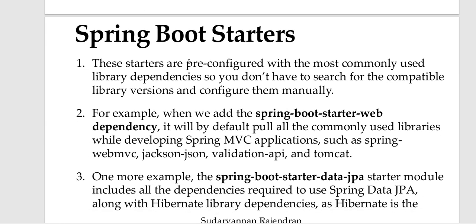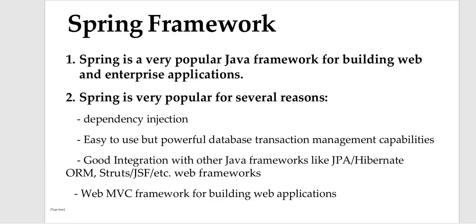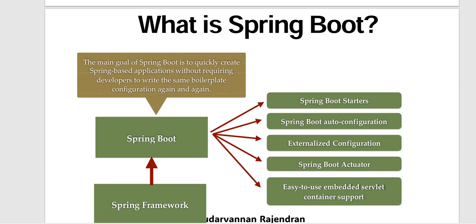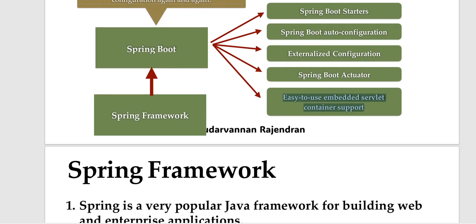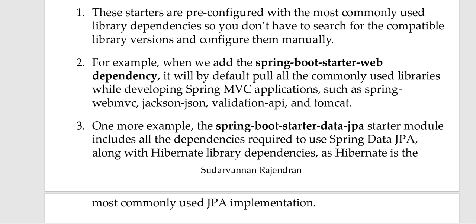Coming to Spring Boot starters. Spring Boot has a few things which I listed here: Spring Boot starters, Spring Boot auto configuration, externalized configuration, Spring Boot actuator, and easy to use embedded servlet container support. You can see the example of Spring Boot starters.